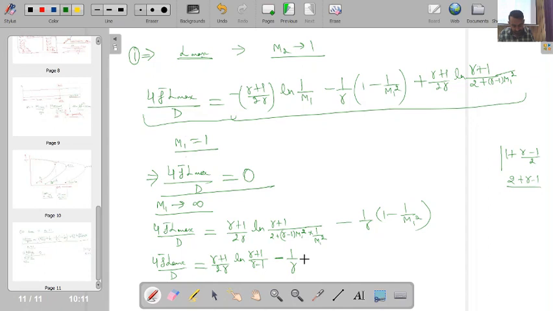Can you tell me, for air at standard condition having gamma equal to 1.4, what is this value? Please calculate and tell me.